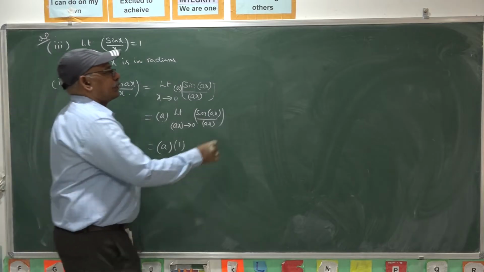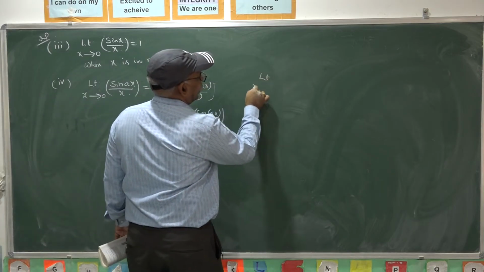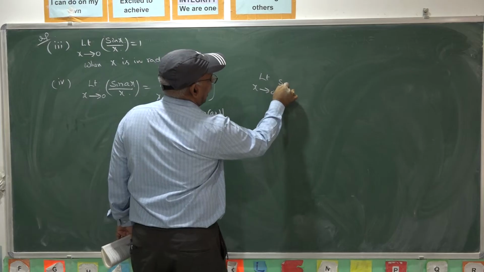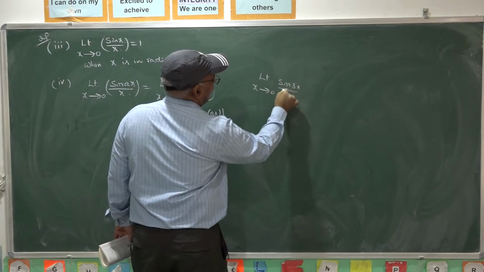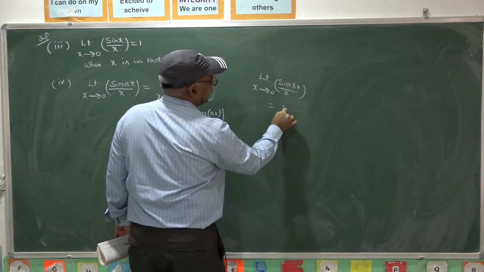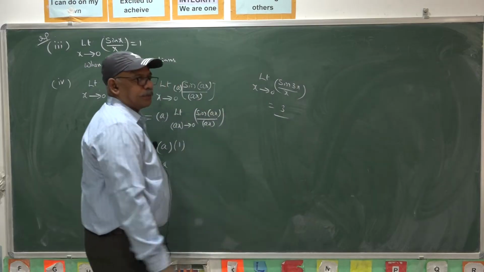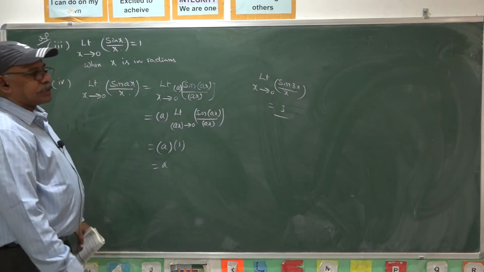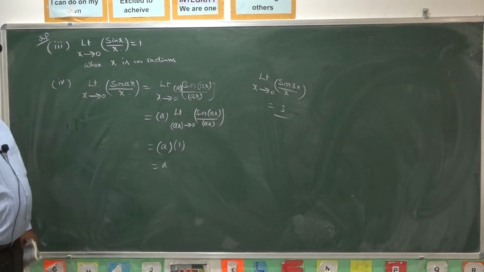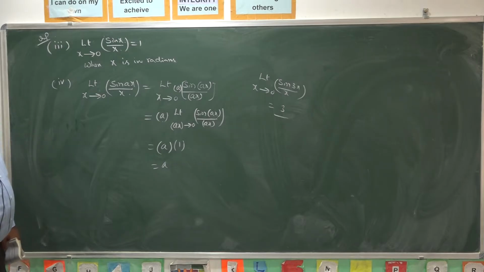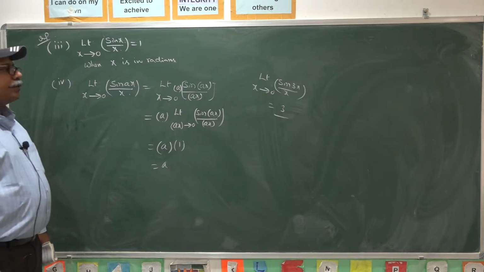Based on this, whenever you have a limit like this, immediately you can say that the limit is 3. Limit as x goes to 0, sin 3x by x is always equal to 3, where x is measured in radians.